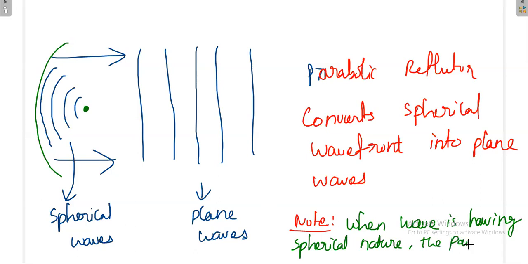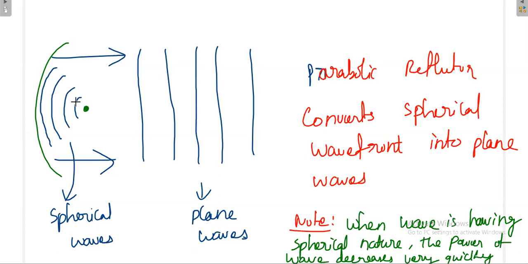Spherical nature means the power spreads spherically in all directions, so the power of the wave decreases very quickly. Because whenever a wave is going in all directions, definitely the power will reduce. If it goes in only one direction, the power will not reduce.